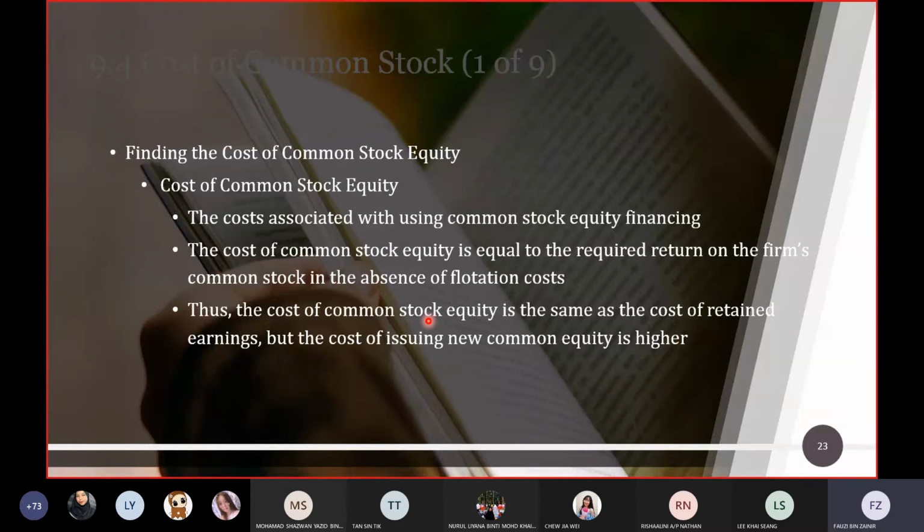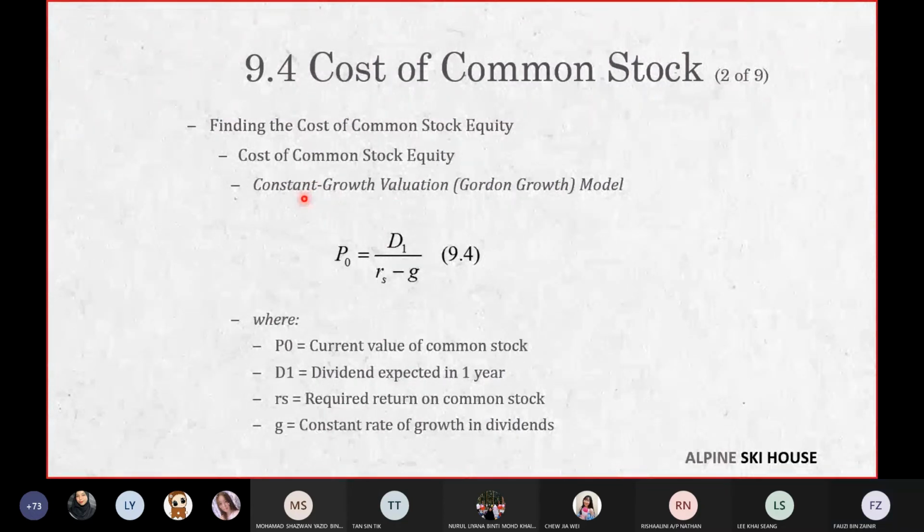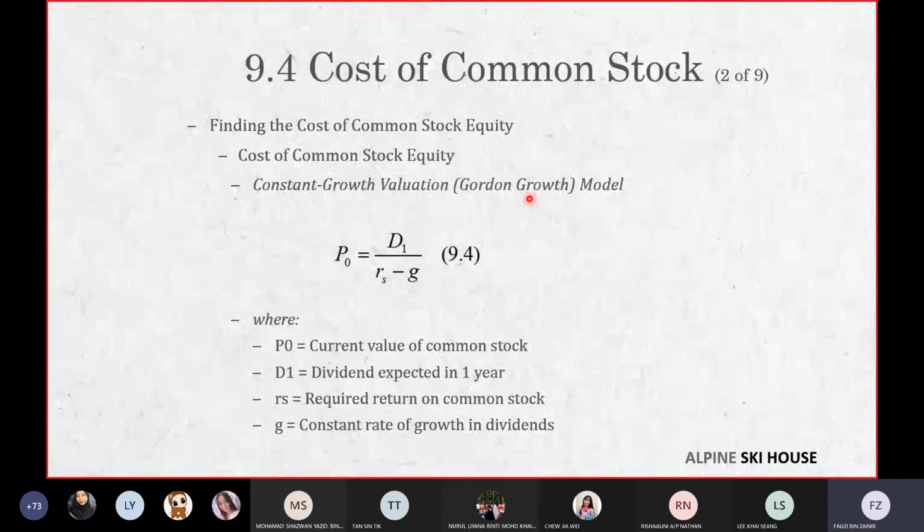Okay, let's have a look. What does that mean? Finding the cost of common stock. We are going to use the constant growth model, or the Gordon growth model, which is P0, the price of the share, equivalent to the expected dividend next year, D1, divided by R, the return from the stock, minus G, the growth rate on the dividend.